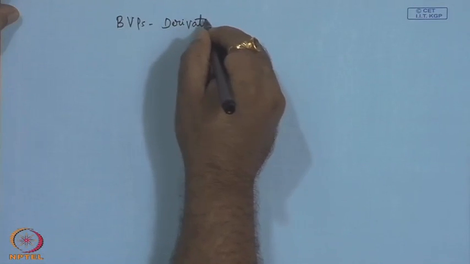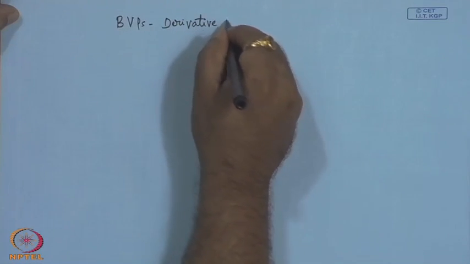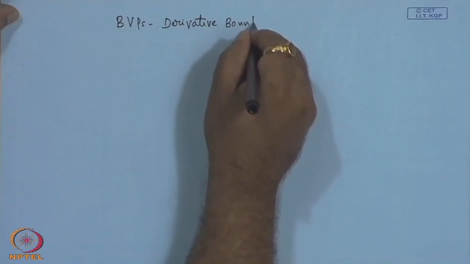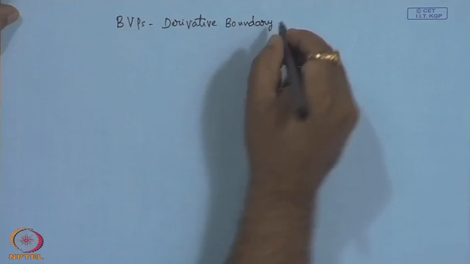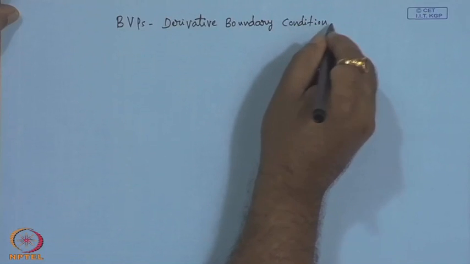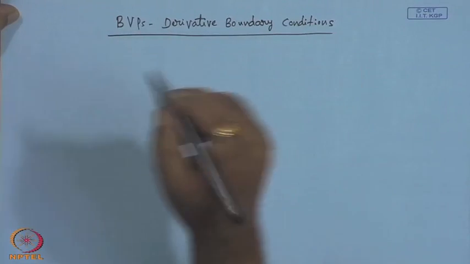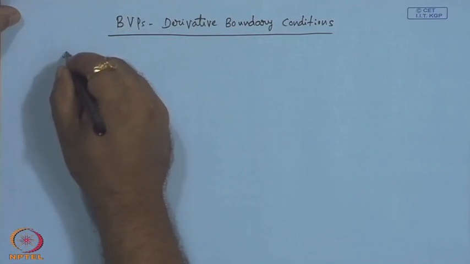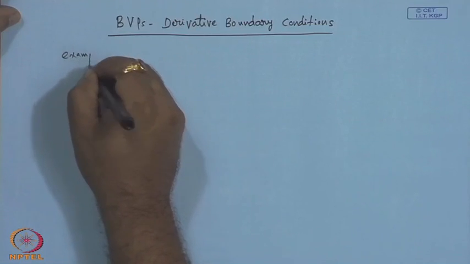So, BVPs with derivative boundary conditions. Let us start with an example.